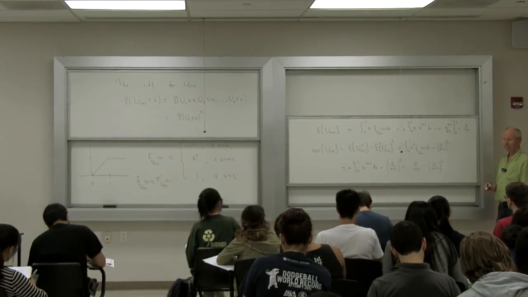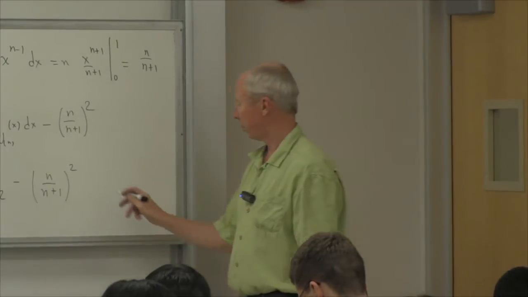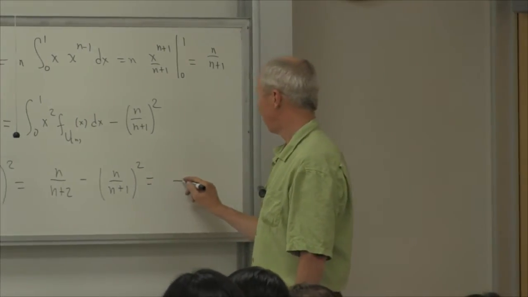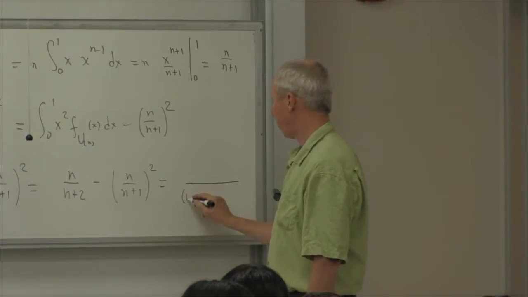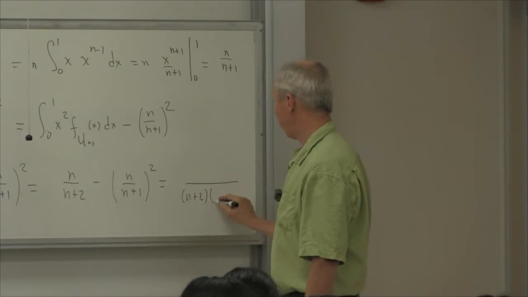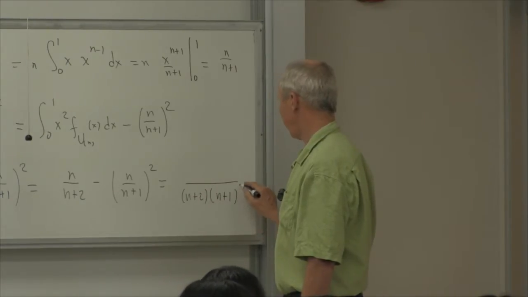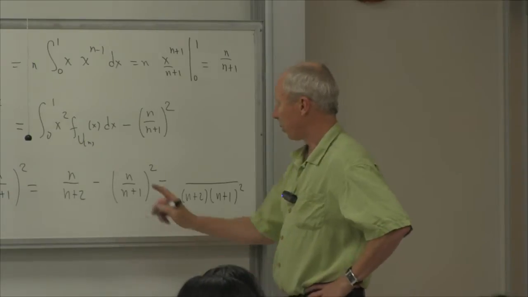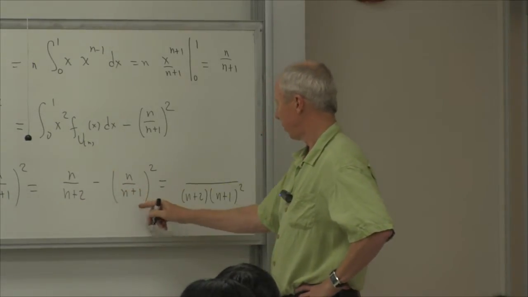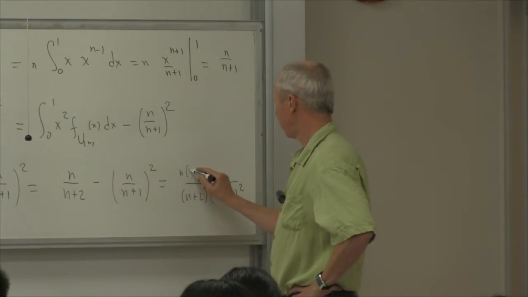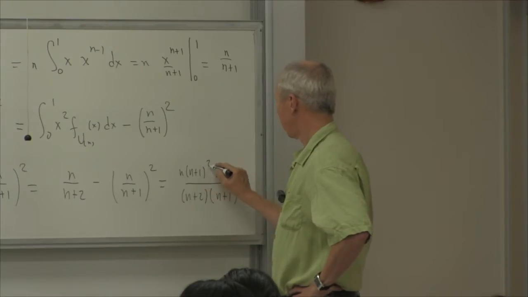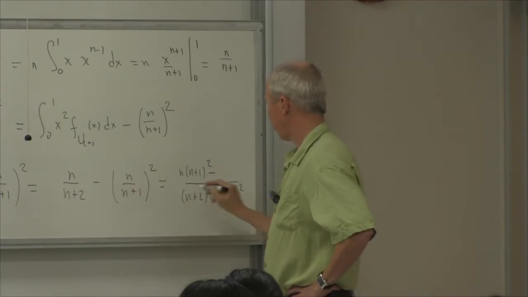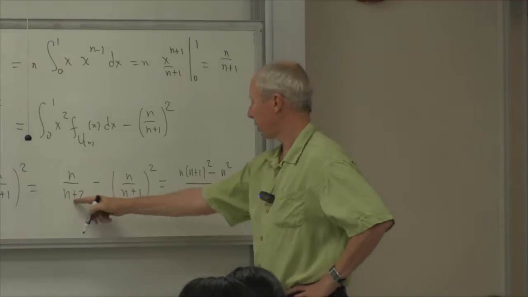And let's combine this. We have to find a common denominator. The common denominator would be n plus 2 times n plus 1 squared. We have to multiply this by this denominator, and we have to multiply n squared by this denominator.